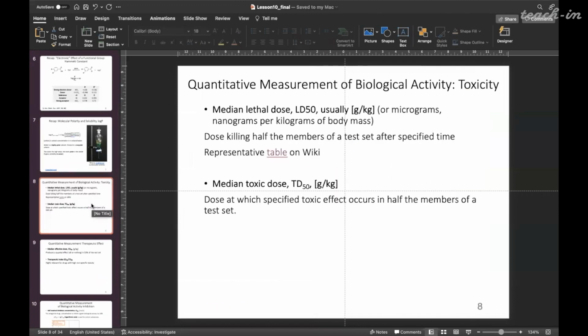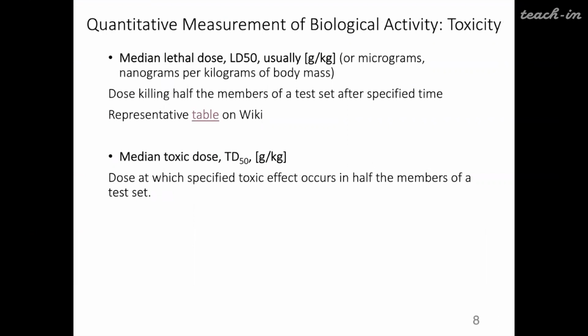And we need to measure biological activity somehow to correlate it with molecular features. And let's discuss now what metrics of biological activity can be used in QSAR studies. And first, we will discuss what metrics of activity are used generally.